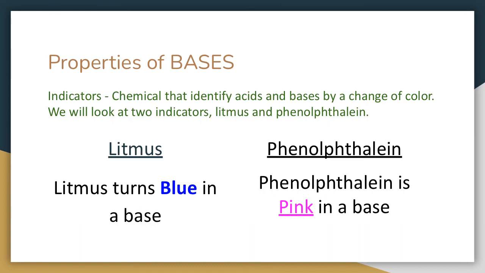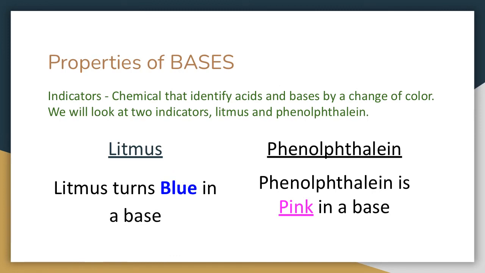Since we talked about indicators with our acids, we should also talk about indicators with bases. Remember, an indicator is anything that is going to change color based on what is happening to the pH, in this case, in the reaction. So we have 2 indicators again that we're going to use, the same ones that we use with acids. We talked about litmus already with kitchen chemistry, and remember, litmus is going to turn blue when it's a base.